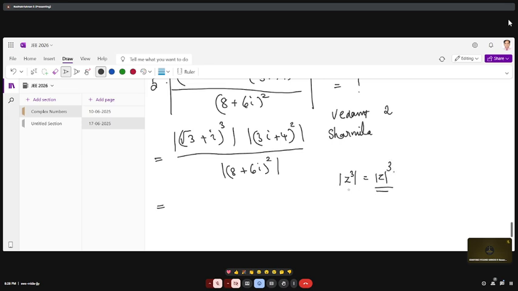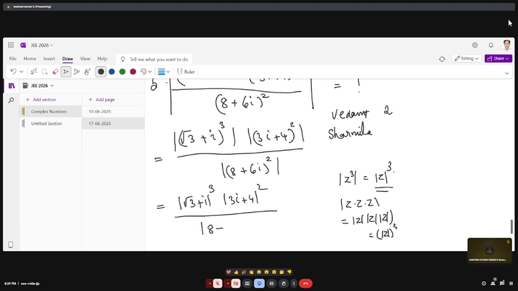This is another property, because modulus of Z cube is the same as modulus of Z into Z into Z, which is modulus of Z into modulus of Z into modulus of Z. So therefore this becomes modulus of Z whole cube. Like that, this will be modulus of root 3 plus i whole cube into modulus of 3i plus 4 whole square by modulus of 8 plus 6i whole square.